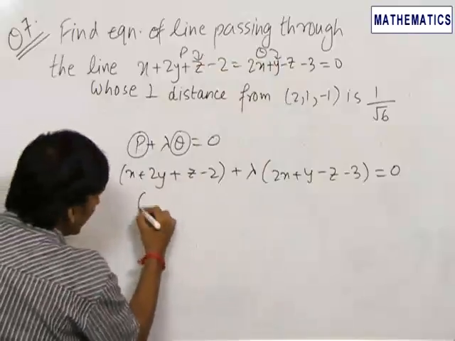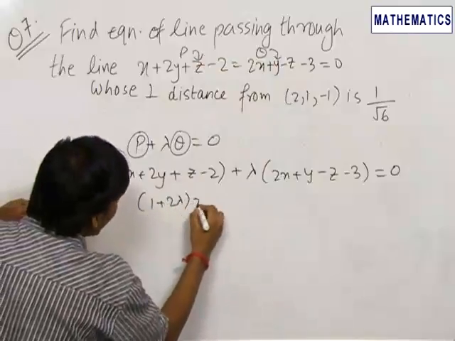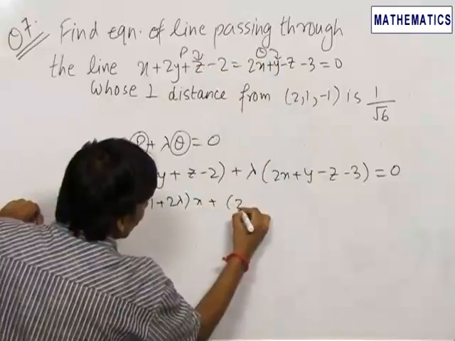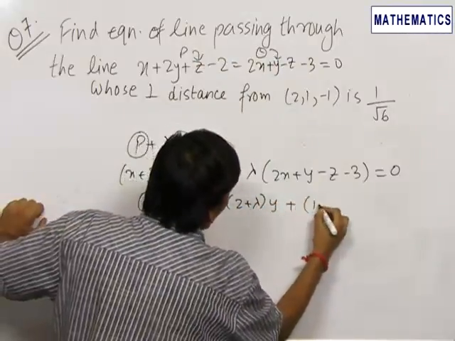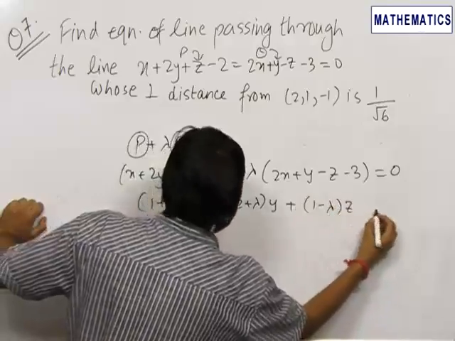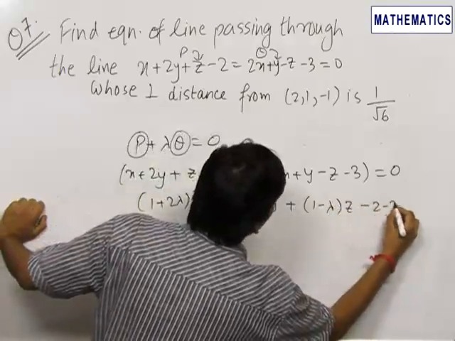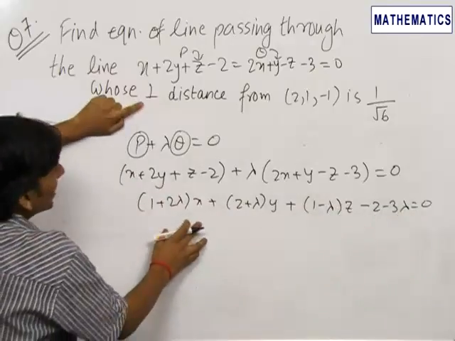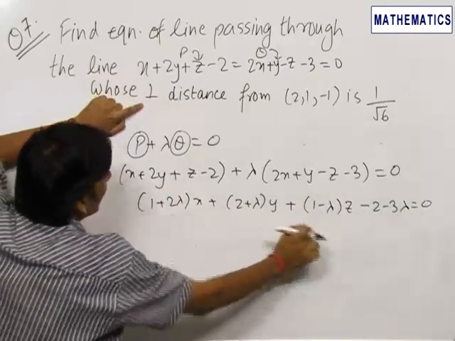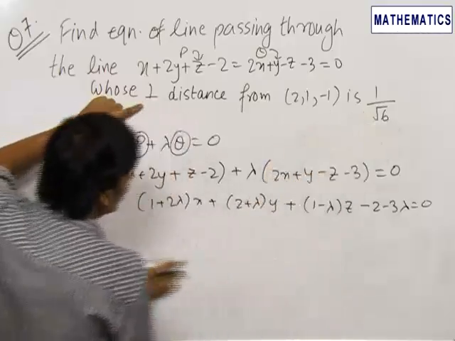So in solving this we get (1 plus 2 lambda) times x plus (2 plus lambda) times y plus (1 minus lambda) times z minus (2 minus 3 lambda) is equal to 0. Now the perpendicular distance of this plane from this point is given to be 1 upon root 6.